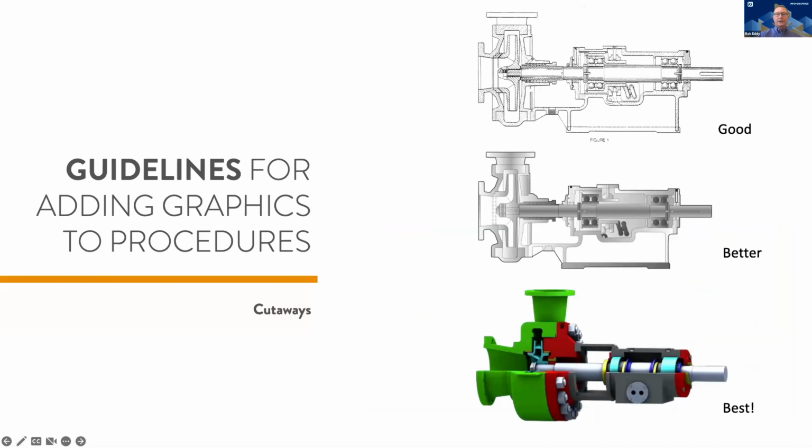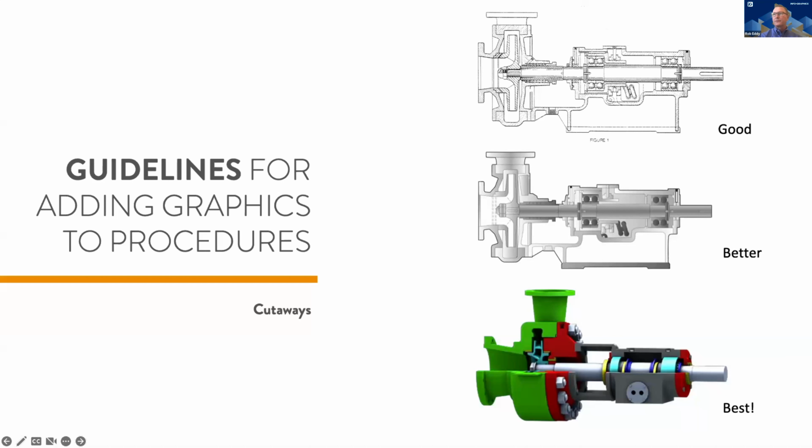Cutaways. I'm sure if you have been working with procedures for any length of time, you've come across the illustration on the top. This is kind of the old school version with cross hatching and basic line drawing. We have moved forward quite a bit and have much better tools for incorporating shading and showing depth. That one in the middle is a little bit better, but we're also encouraging people to think about things in a more 3D format.